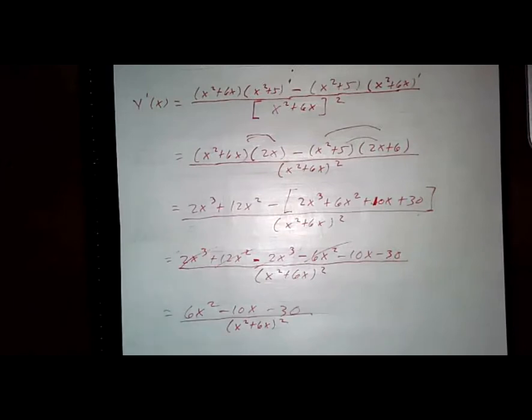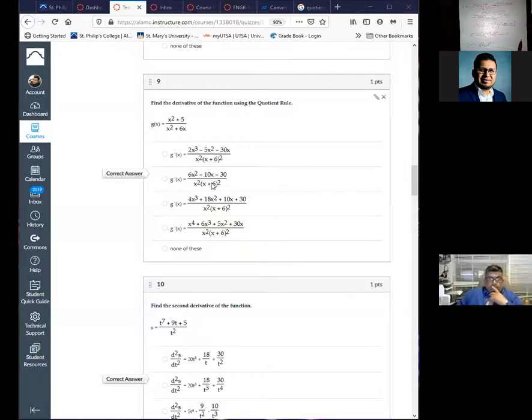Did they maybe extract an x out of that bottom part? Yeah, they did. They factored the inside, now that I look at it. Let's check it out. So they pull out an x from each term, but it comes out squared.